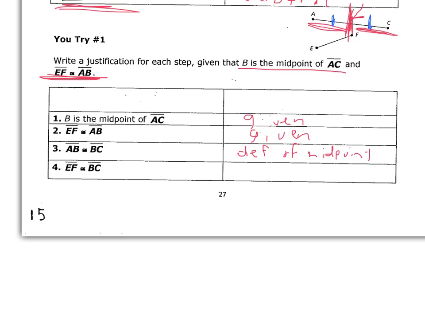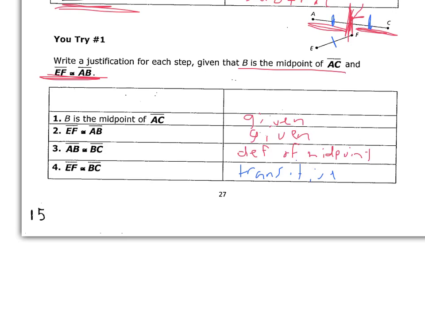And lastly, it says that EF is congruent to BC. Since we know that EF is congruent to AB and AB is congruent to BC, we can go ahead and conclude that EF is congruent to BC because of the transitive property.